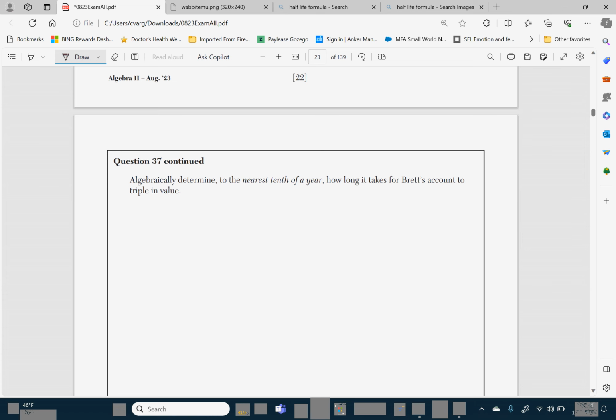For the next one, it says algebraically determine to the nearest tenth of a year how long it takes for Brett's account to triple in value. Okay. So Brett's account is A equals, that's our PERT. So our amount that we're starting with is 8,000, 8,000e to the 0.039t.